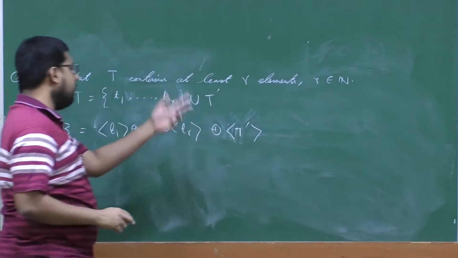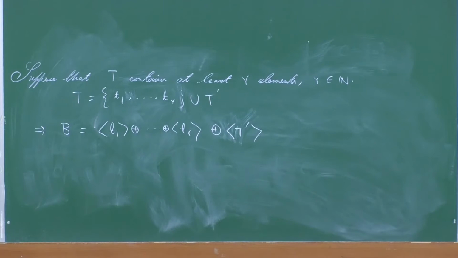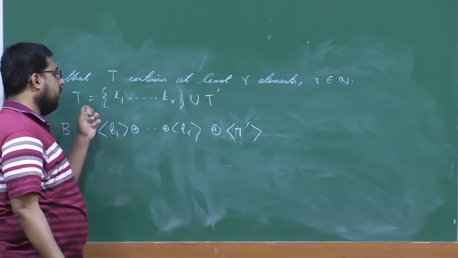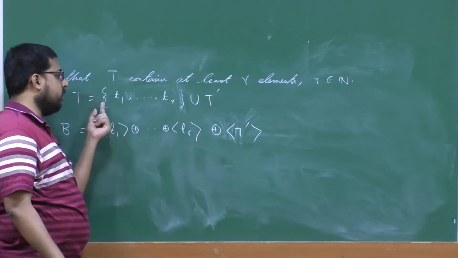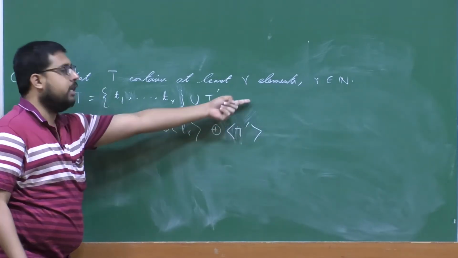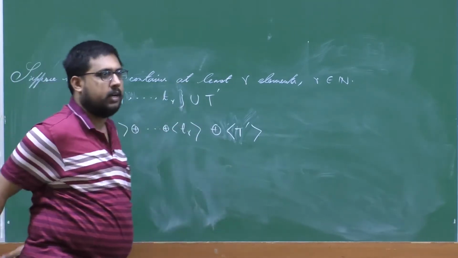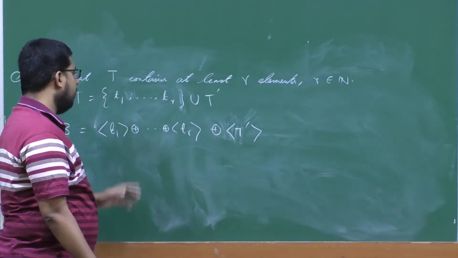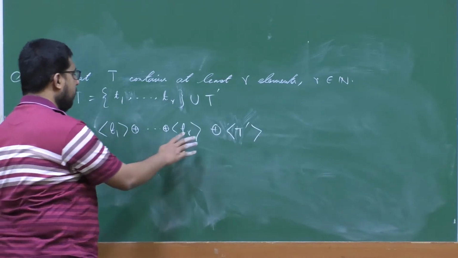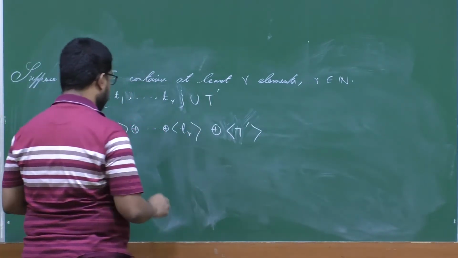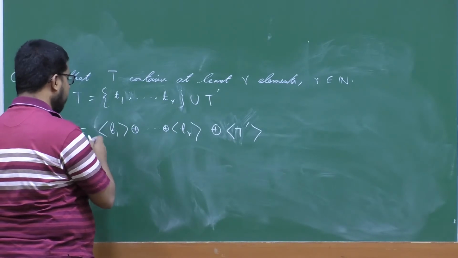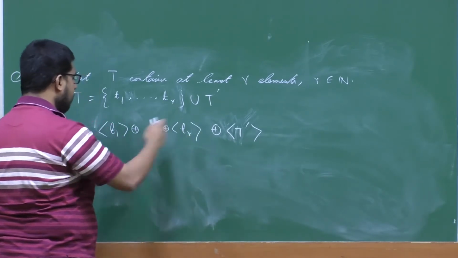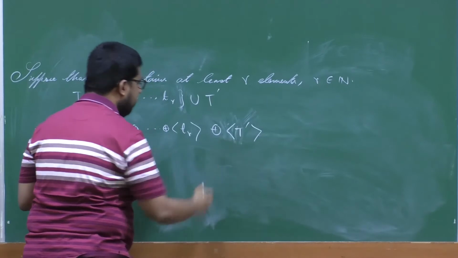Okay. Because since this is a basis, every element of B can be written as a finite combination of t1 up to tr and elements from T', but all but finitely many coefficients will be 0. So, therefore, that shows that it can be uniquely written as a sum of elements from this subgroup and this. Okay.